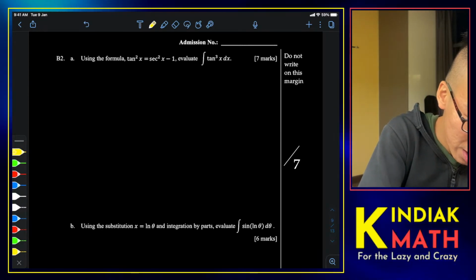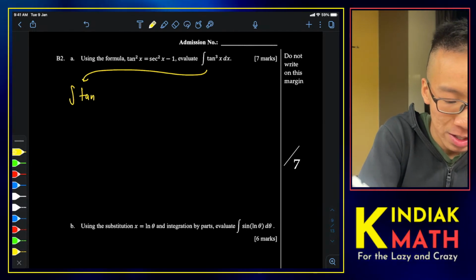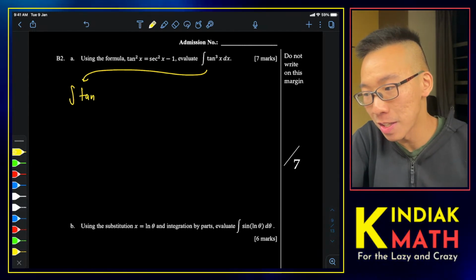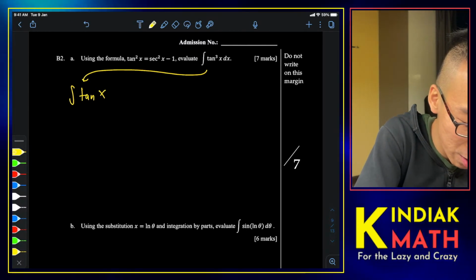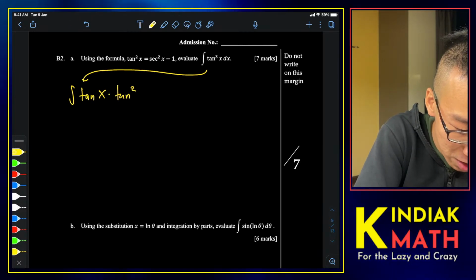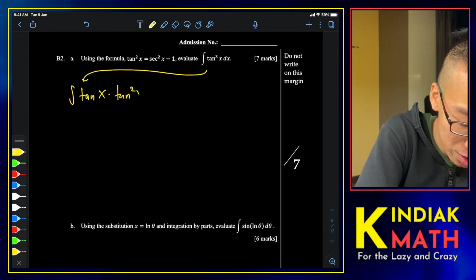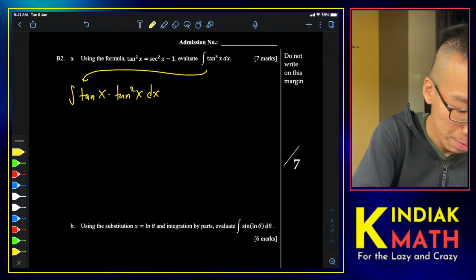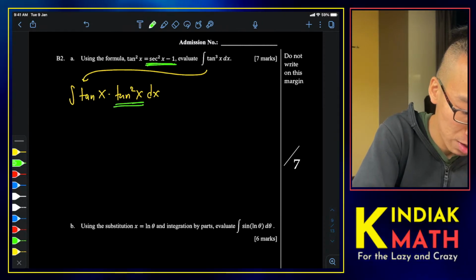So let's do that. Now there are a few ways to go about solving this particular integral, or rather evaluating this integral, but I like this approach where we put this as tangent of x multiplied by tangent squared x, because we can use this particular substitution.